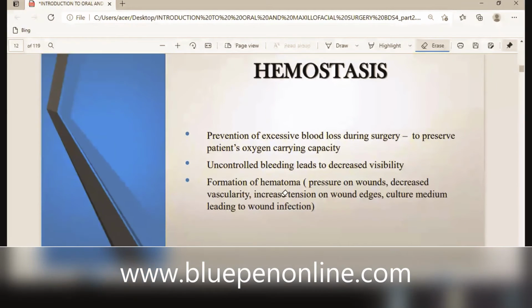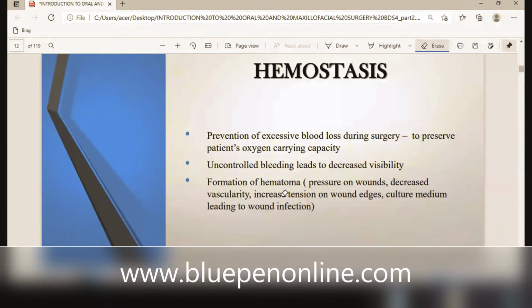Now we will come to hemostasis. Okay, you did all the surgery, and what you can see is a lot of blood in the patient's mouth. So you have to make sure that the blood flow is stopped. If not, that will result in other medical conditions for the patient. If there is excessive blood loss, what can happen? The patient's oxygen carrying capacity will decrease, right?